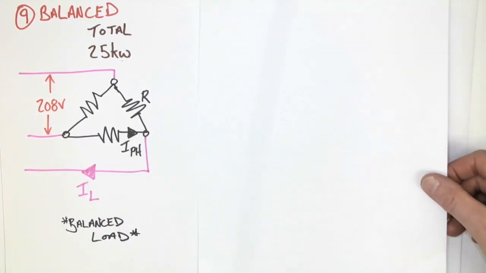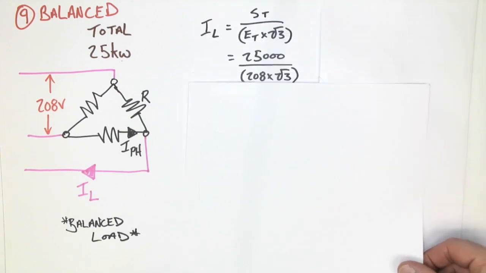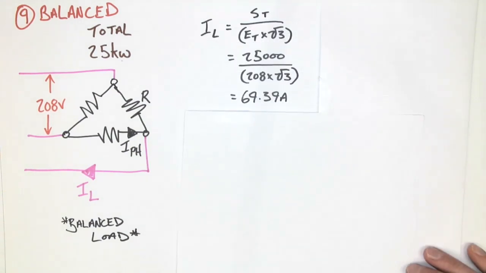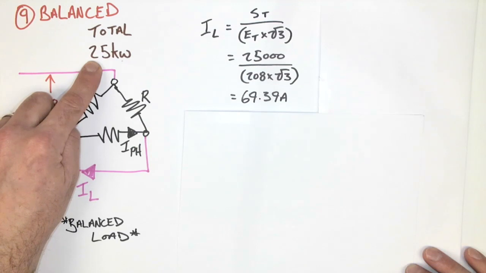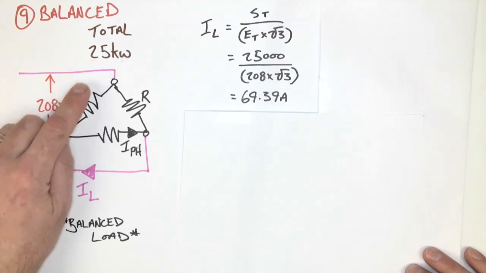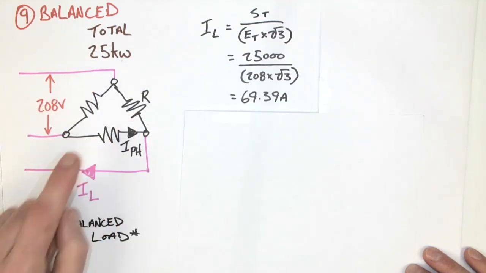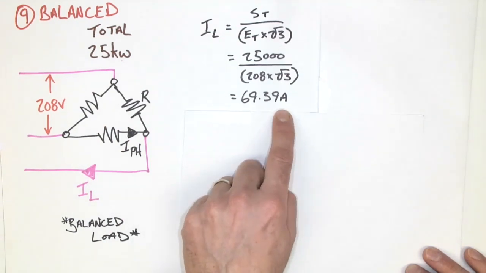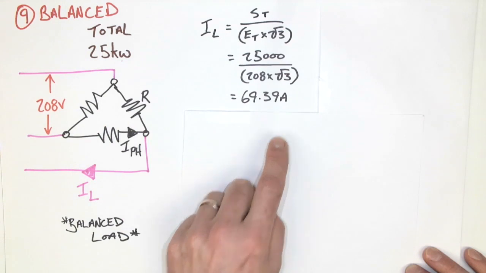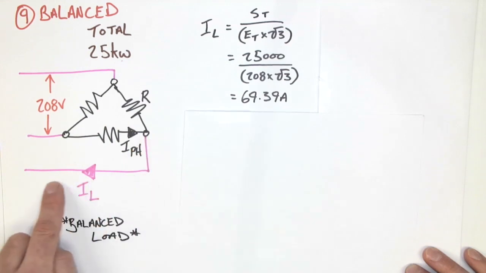So first step, let's take this equation and work out what the line current is. If I know what the line voltage and the total S of the load is, and remember it's all resistors, so S is equivalent to P, then I can calculate that it should be 69.39 amps right here.